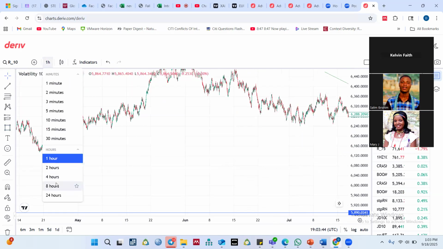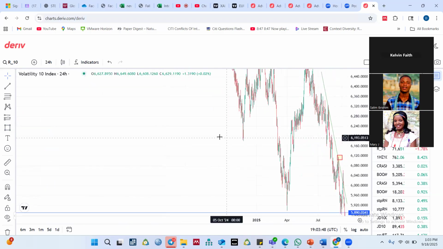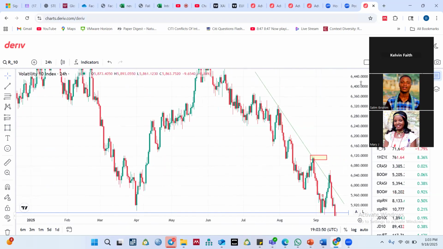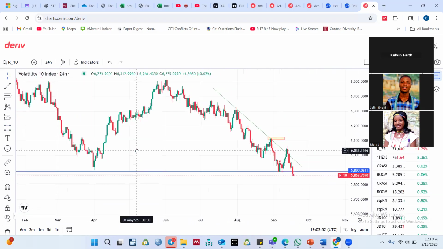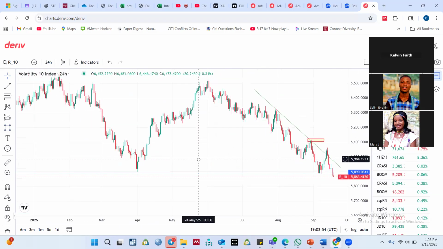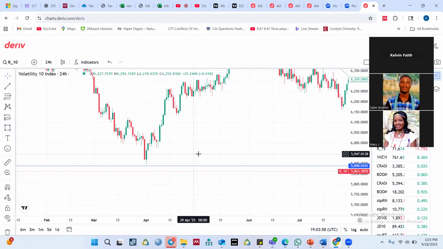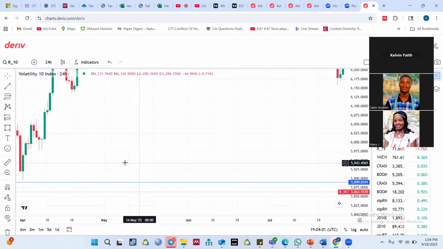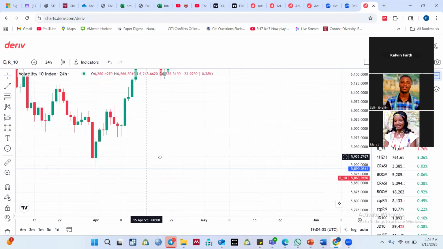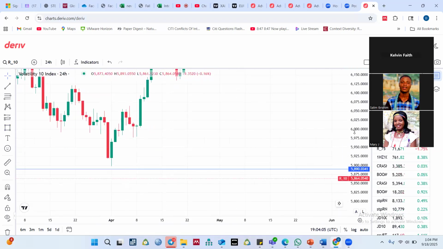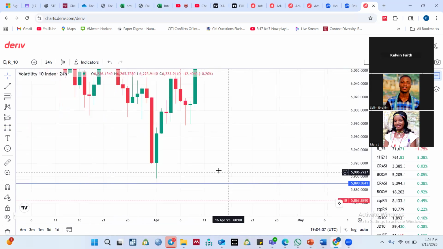So let me go to the 4 hour, let me go to the daily time frame. So even on the daily time frame, there is another low. Okay, so I think that low is still at that low.